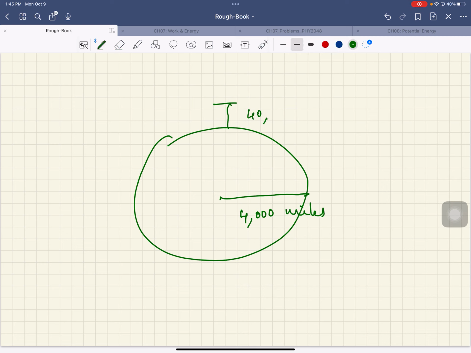So you jump up 40 miles and you'll be fine, and this expression will be good. g won't change. But if you jump up 400 miles, higher than the space shuttle, then g will change. So as long as g is constant, if you don't jump too high, then this expression is good.